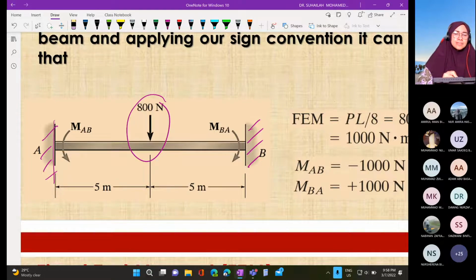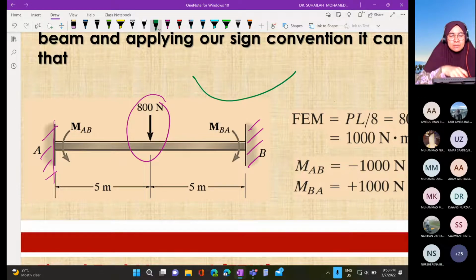Because when it bends like this, due to the 800 Newton loading, the fixed end moment will react in the other way round, so that the bent beam will move back to a straight position.